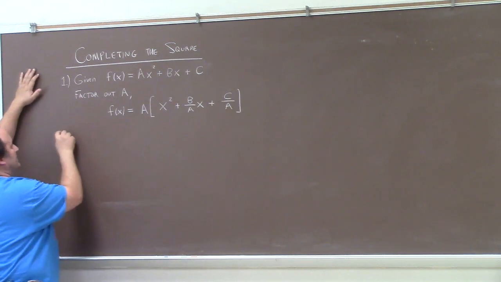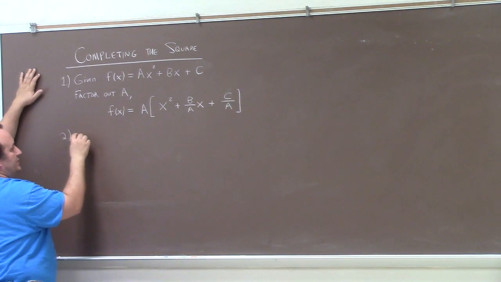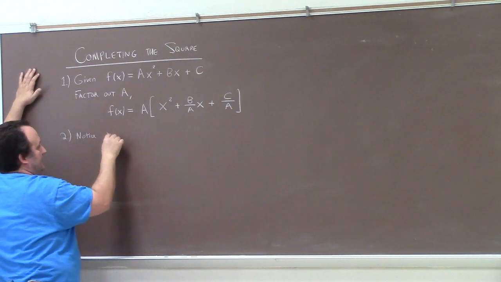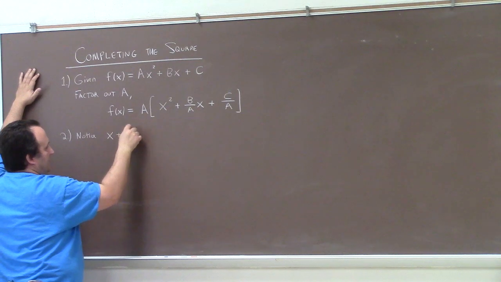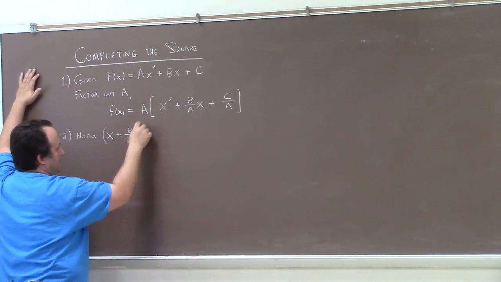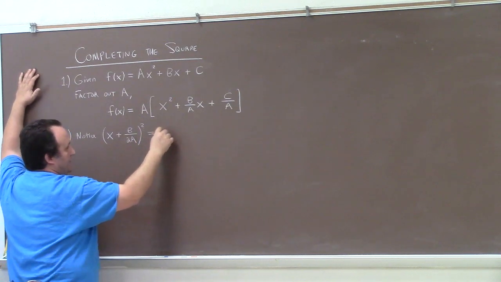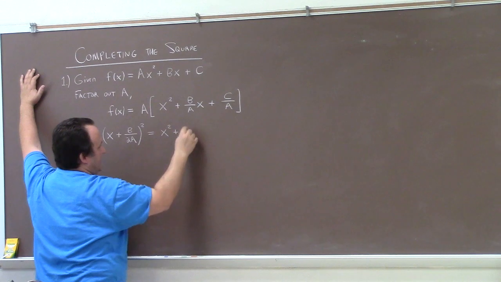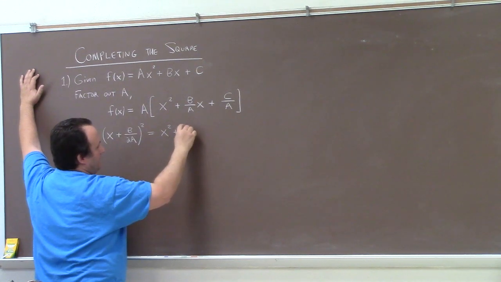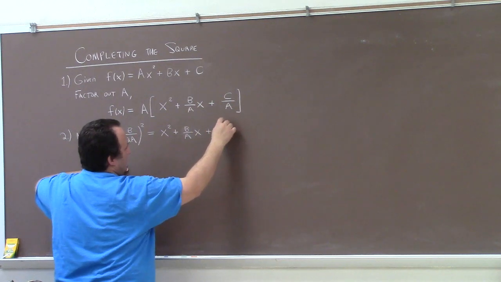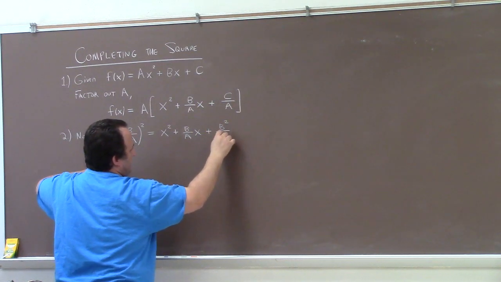Then next, I'm going to notice that x plus b divided by 2a, if I square this, I get x squared plus b over a x plus b squared over 4a squared.